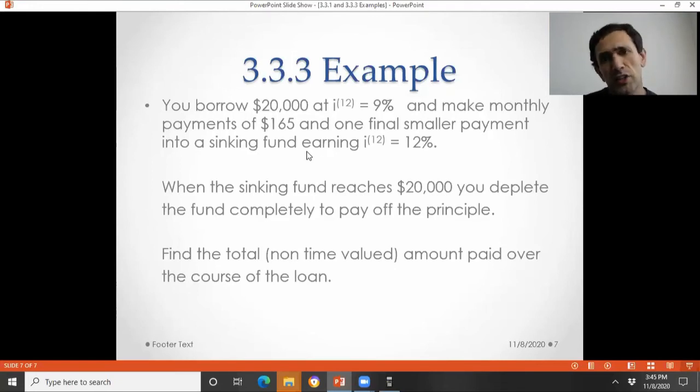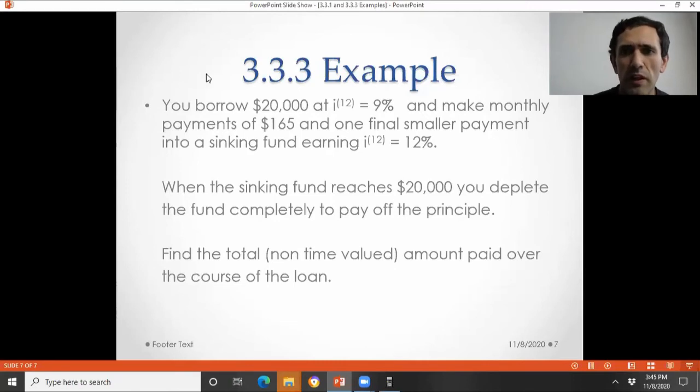And I encourage you to try this for yourself. If instead of 165 it was 150, what exactly would happen is you would, at the end of a certain number of months, have a certain amount, and you just let that sit for one more month, and you have over 20,000.